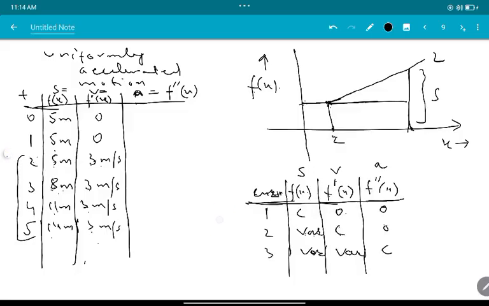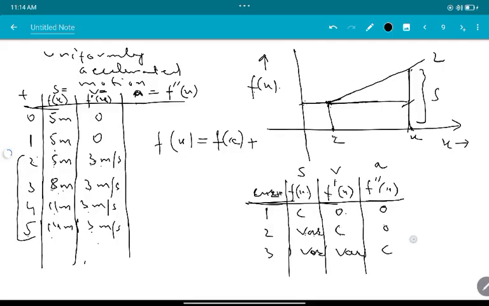That means f(x), this is x, or you can think of this x as the fifth second. f(x) is equal to f(a), this much is f(a), plus this distance. This distance is traveled because of this velocity. That means from velocity, if you want distance, you will have to multiply the velocity with time.